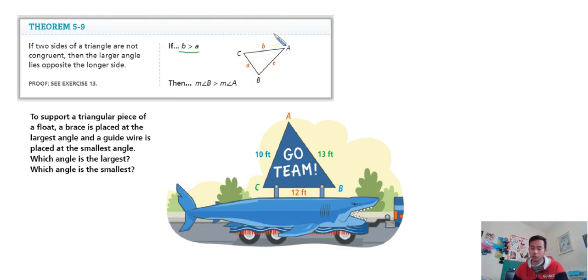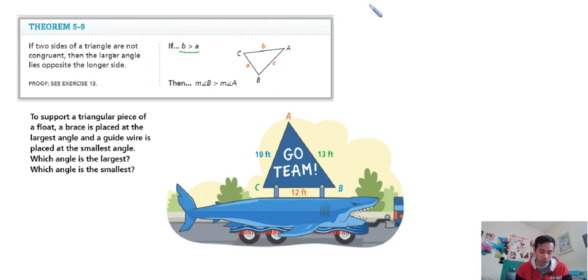Now, let's take a look at this first example, and we will use the first theorem, Theorem 5-9, to answer. Think about the relationship between the pairs of numbers.